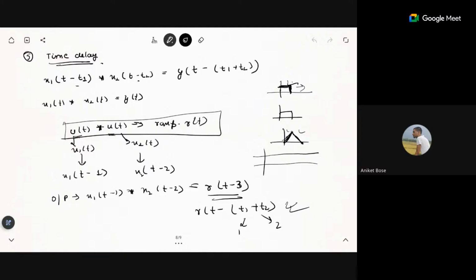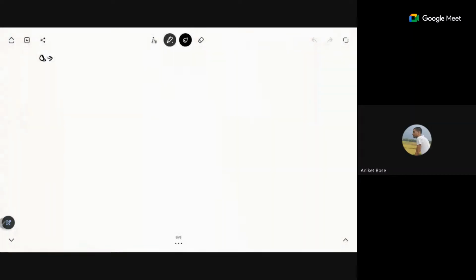So likewise, the question that I have given now. There is a question. You have an impulse response h(t) equals delta(t minus 0.5).